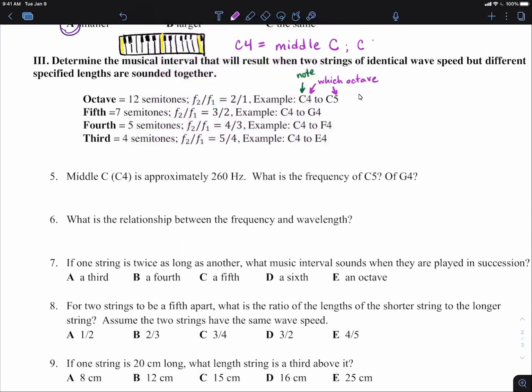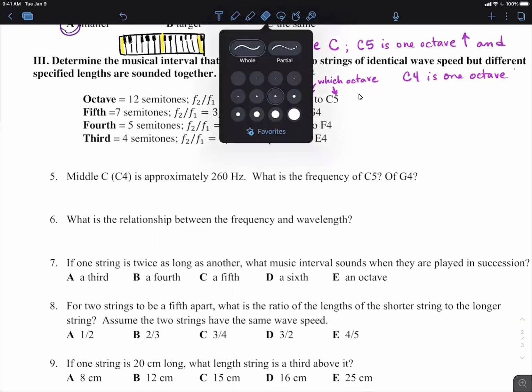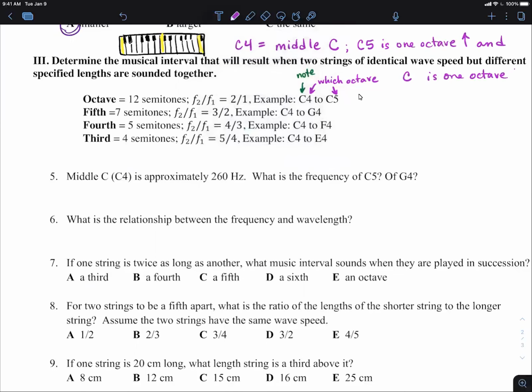That means that C5 is 1 octave above that, and C3 is 1 octave below C4. That means their frequency ratios have a ratio of 2 to 1.